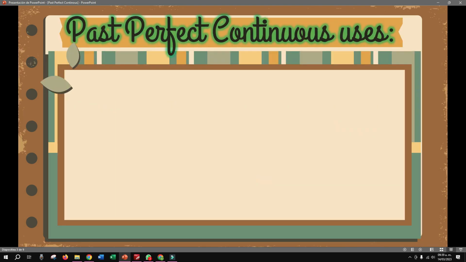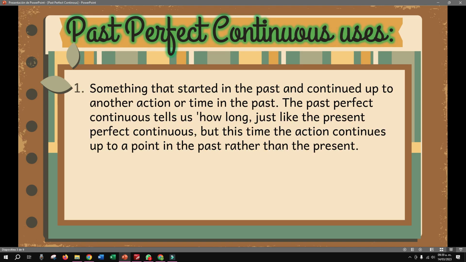So it says past perfect continuous uses. First, we have something that started in the past and continued up to another action or time in the past. The past perfect continuous tells us how long, just like the present perfect continuous.